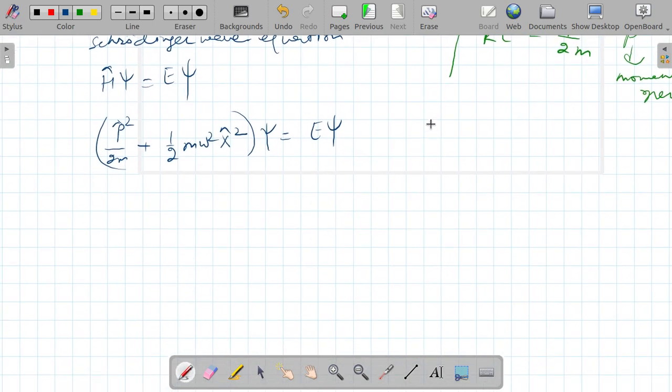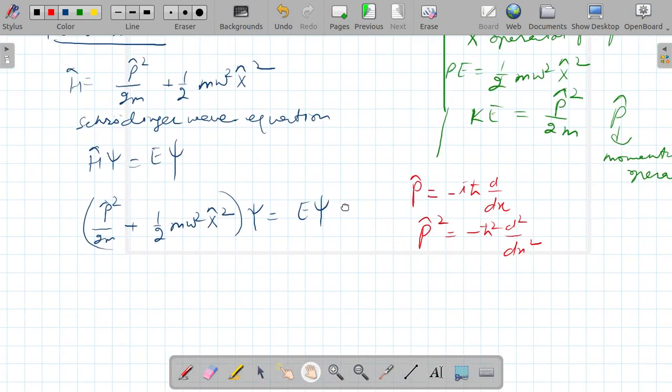Here p is the momentum operator, and it is minus i h cross d over dx. So therefore p square must be written as minus h cross square d square over dx square.